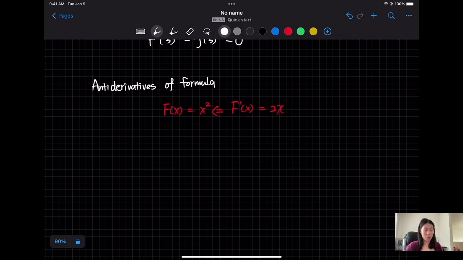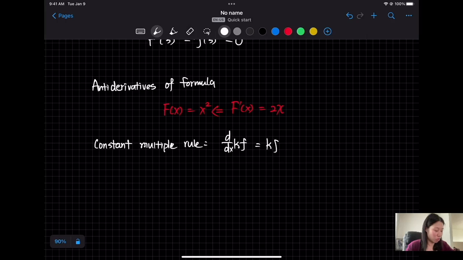The derivative rules are the building blocks. From the constant multiple rule, if you're taking the derivative of k times f, this is equal to k times the derivative of f. You're just taking the k outside of the derivative and just taking the derivative of the function.